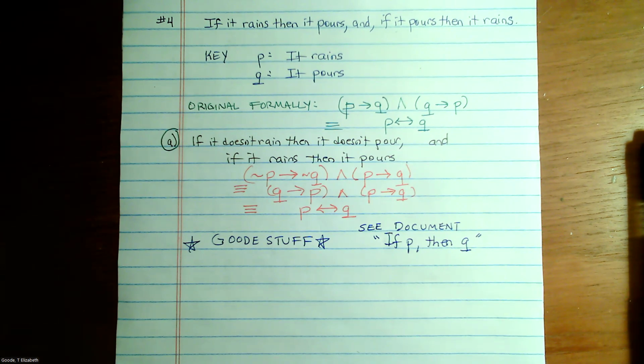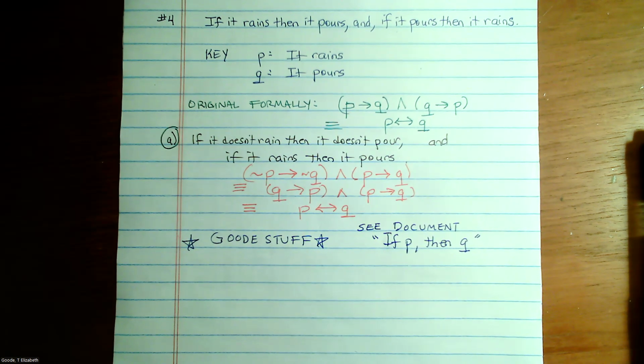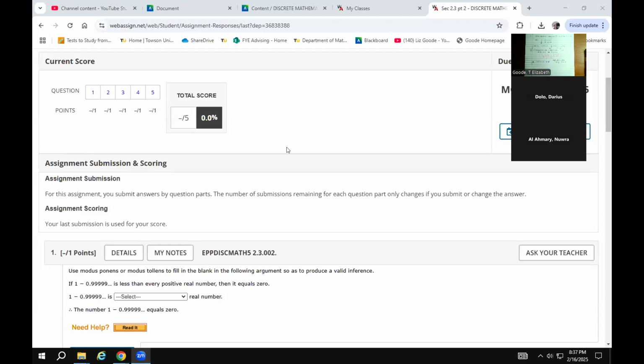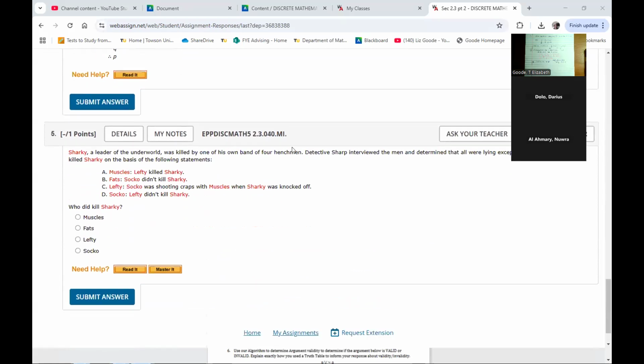Hang on, let me put it into student view so I don't spoil it. All right, I'm going to view as a student, and let's take a look at 2.3 part 2. I'm going to share the screen again. So it was the last question, number 5. Yes.